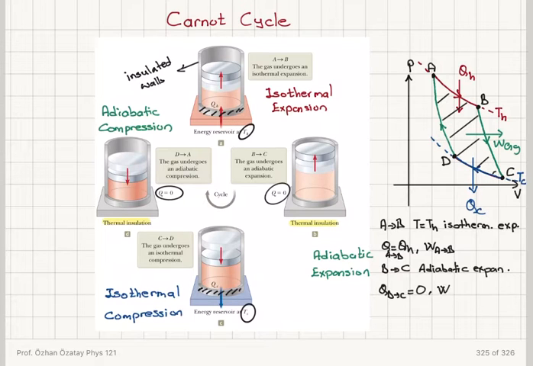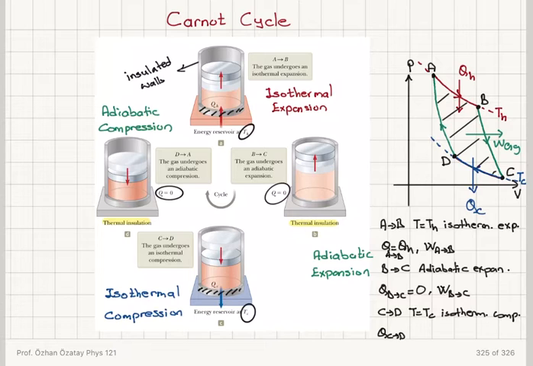However, there will be work done, W B to C, and then we have C to D isothermal compression at temperature Tc. This is the point where we have Qc.